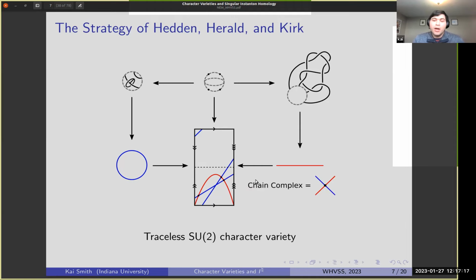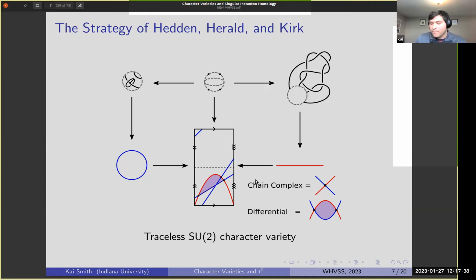So there, our chain complex is generated by intersections of these 2 Lagrangians. And our differential comes from counting pseudo-holomorphic strips whose boundaries are the 2 Lagrangians. And using these, you can take the homology.